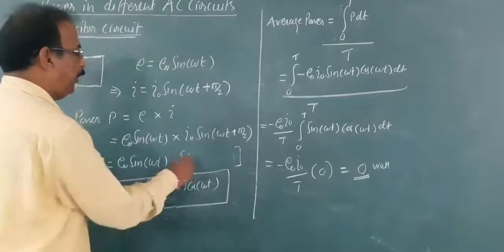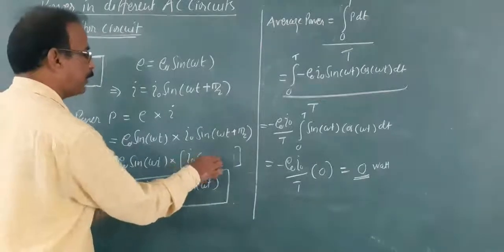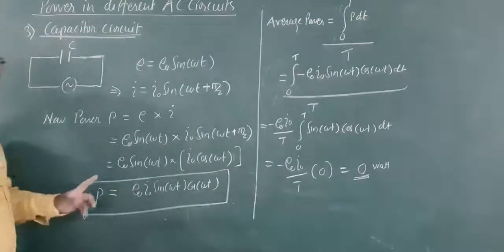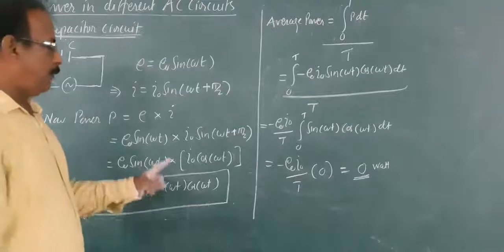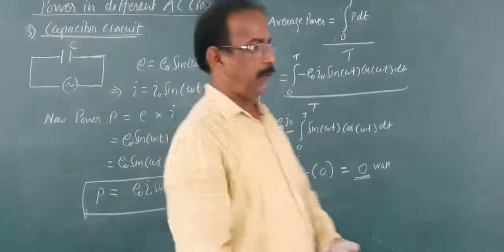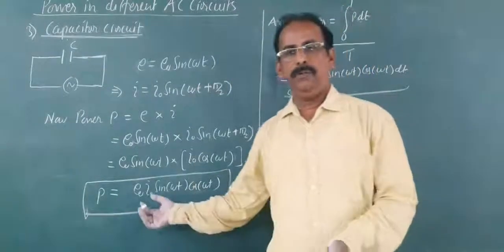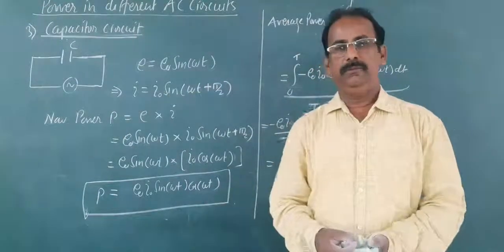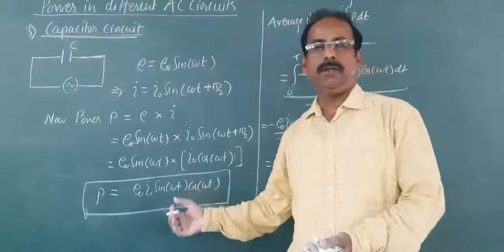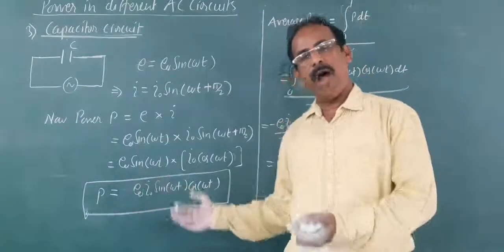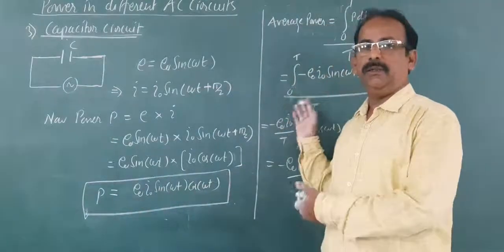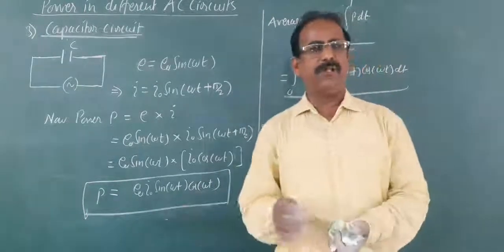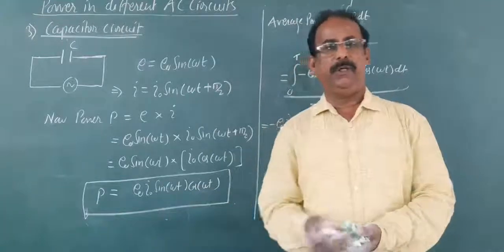This is plus cos of omega t. Means we get power E0 I0 sine of omega t cos of omega t. Same equation, only the difference is in sign. In the inductor circuit, we have written P is equal to minus E0 I0 sine omega t cos omega t. In the capacitor circuit, it comes E0 I0 sine omega t cos omega t.